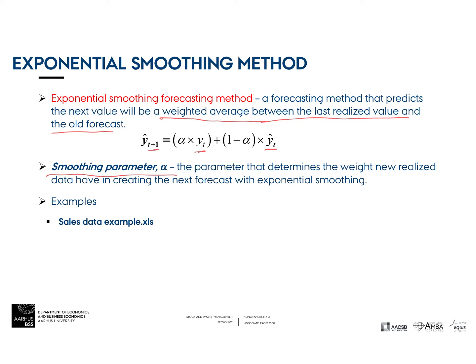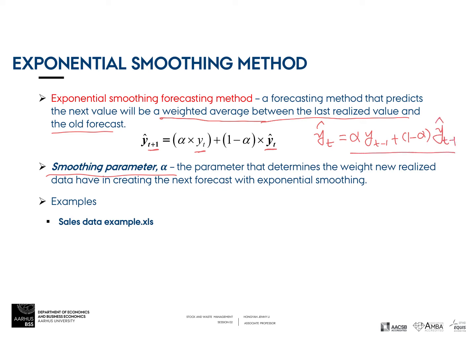If you do an iterative extension for this formula, you can see the estimated y_t equals alpha times y_(t-1) plus (1 minus alpha) times the estimated y_(t-1).